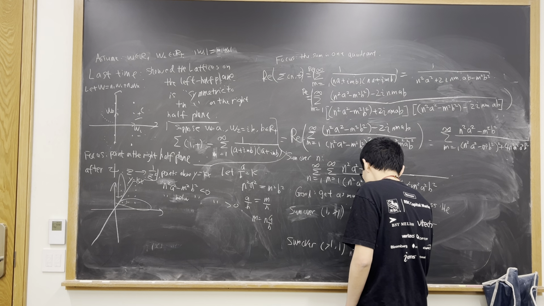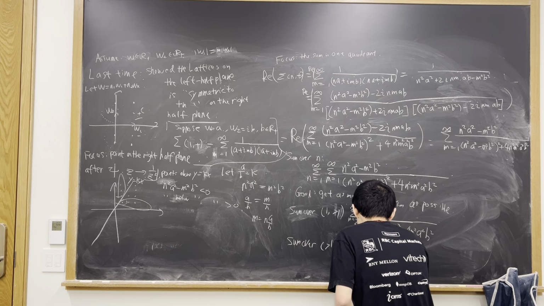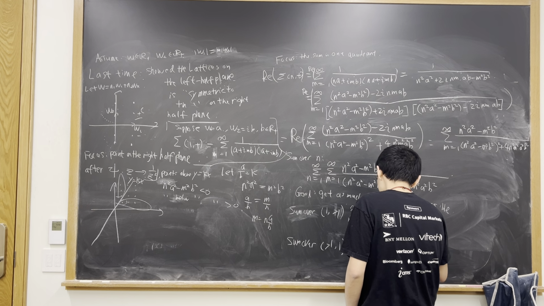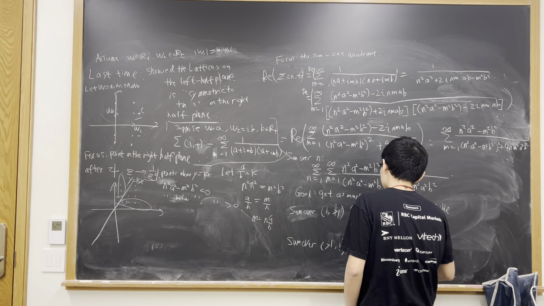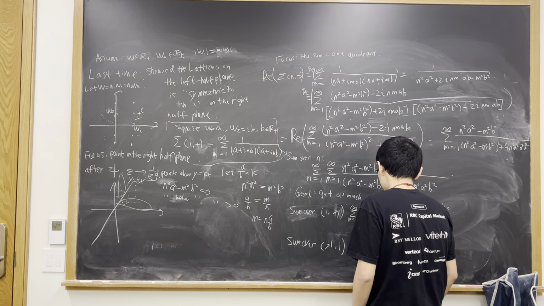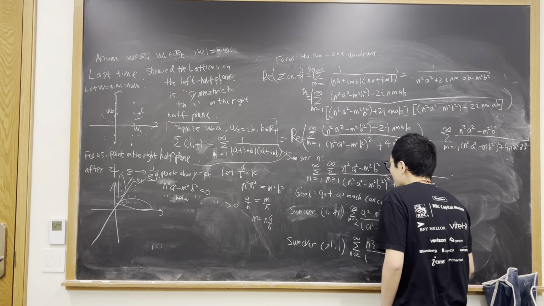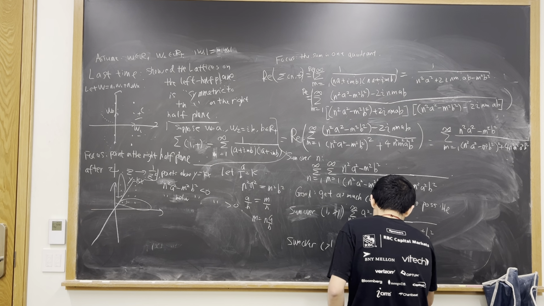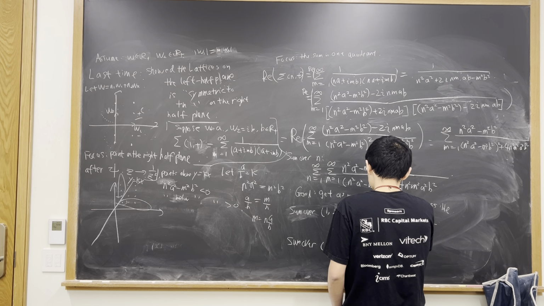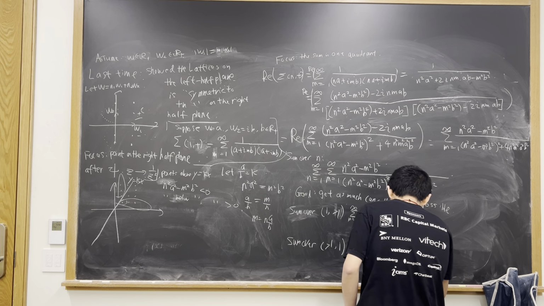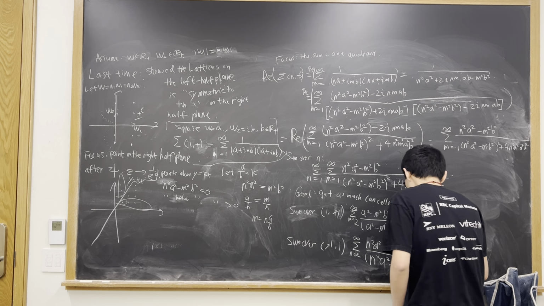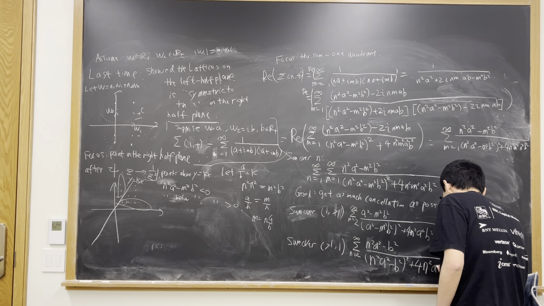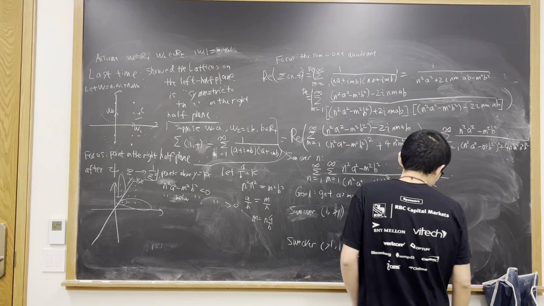So n from 2 to infinity of n squared a squared, then with m equal to 1, minus b squared, over, for the denominator, n squared a squared minus b squared, all squared, plus 4n squared a squared b squared.